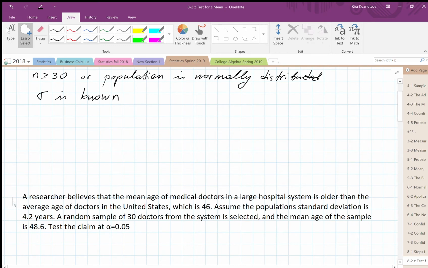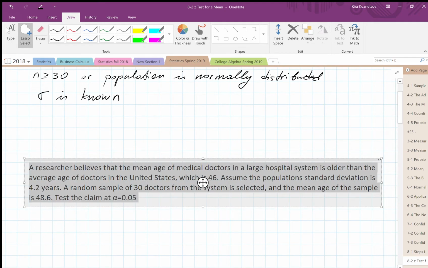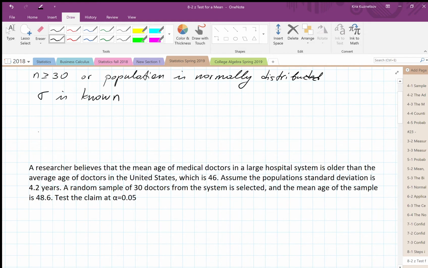My first example is example A-3. A researcher believes that the mean age of medical doctors in a large hospital system is older than the average age of doctors in the United States, which is 46.